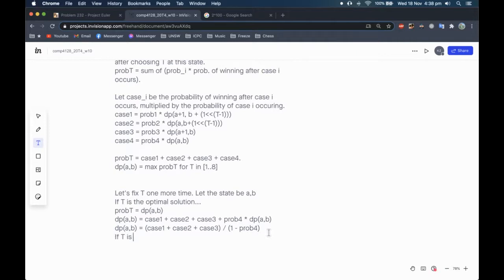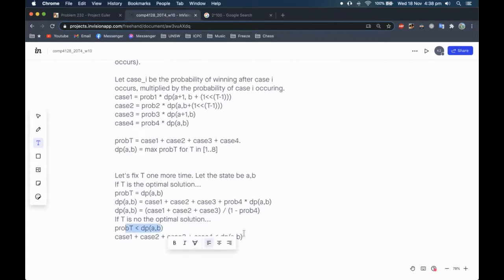If t is not the optimal solution, then the following happens. Prob t would be less than dpAB, right? dpAB stores the optimal solution, so prob t would be less than that if t is not the optimal. So since prob t is equal to this thing, it must be smaller than dpAB, right? On this line over here.